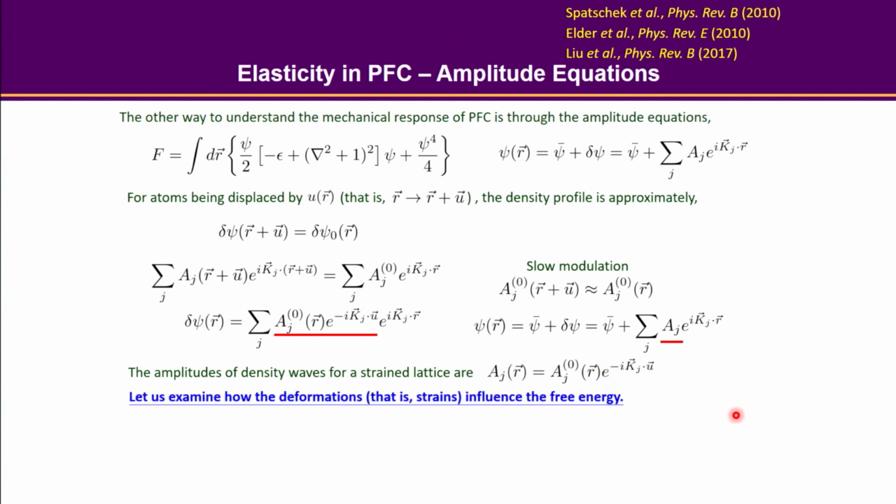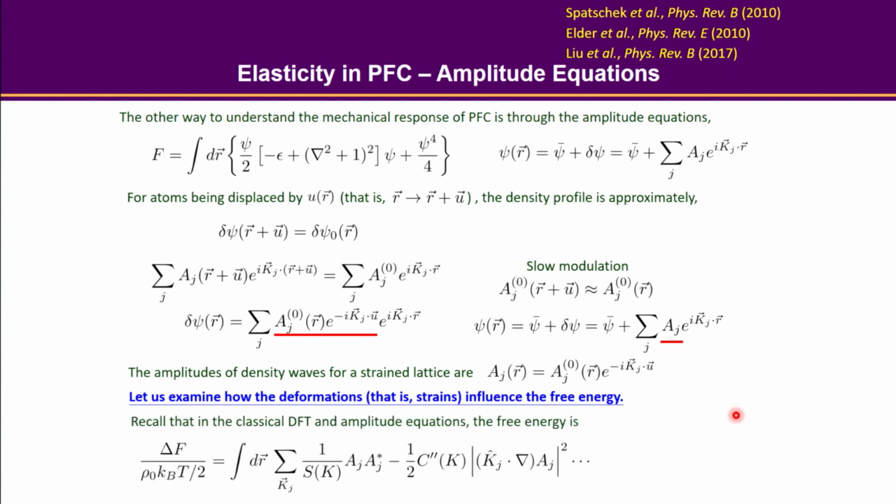But what we care about is, if there is a deformation or strain, how does that change the energy of the system? Because from that, we can figure out the elasticity or the elastic constant. So again, we go back to the lowest order expansion in the density functional theory, and also its corresponding amplitude expression, right?